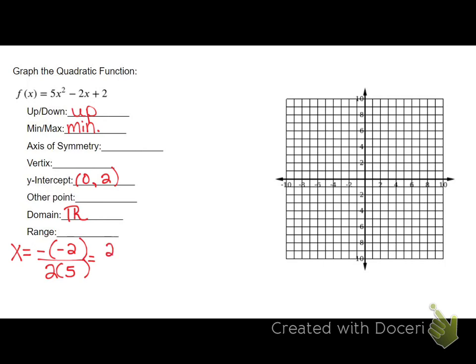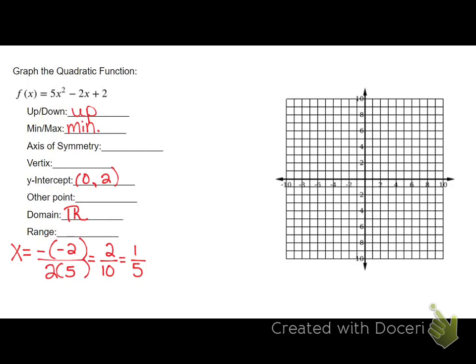So 2 over 10. And then we're going to simplify that, because if I take 2 divided by 10, I'm going to get a decimal. So I'm going to put this in simplest form. So 2 over 10 in simplest form is going to be what? 1 over 5, 1/5. Okay? If you do not know how to do that in your calculator, what you would simply do is type in 2, your fraction button, which is at ABC, 10, and equal, and then it simplifies it for you.